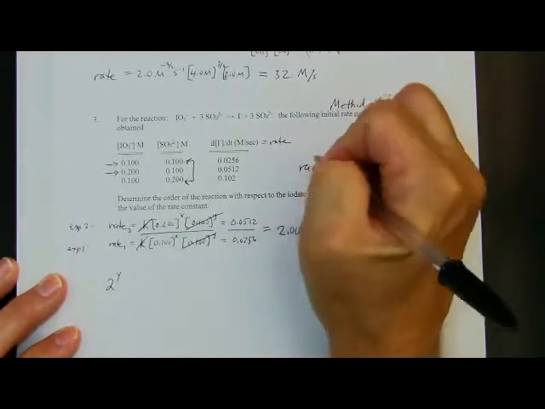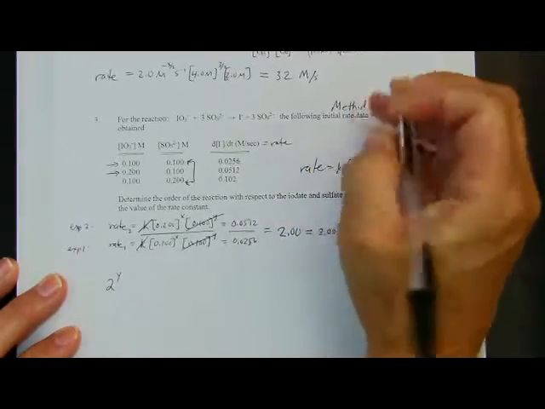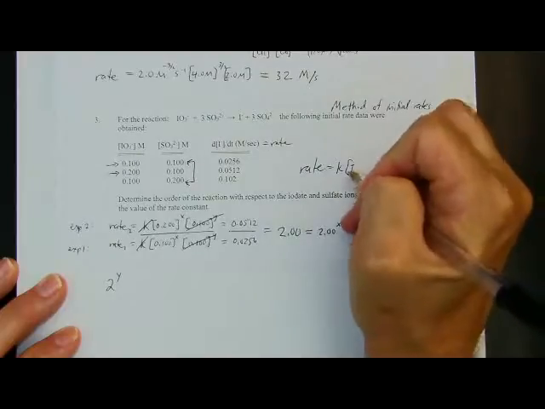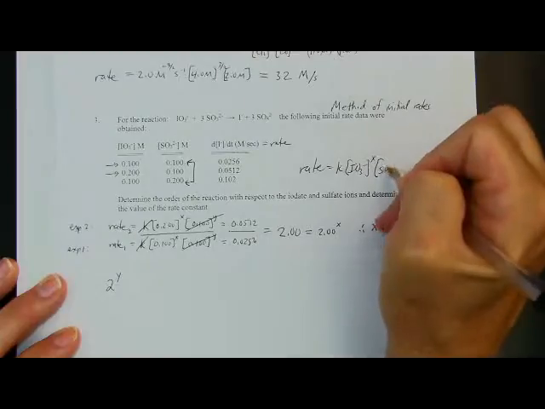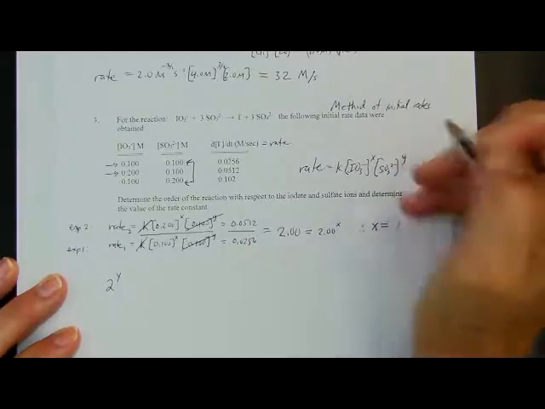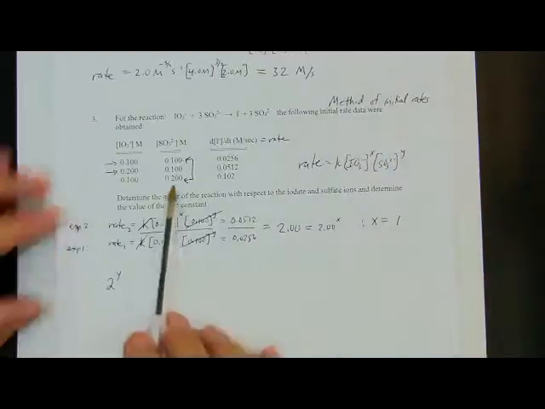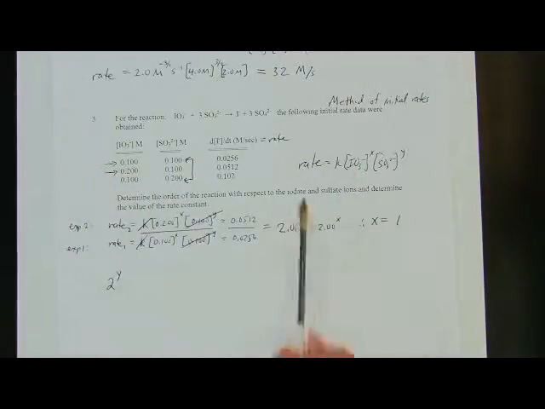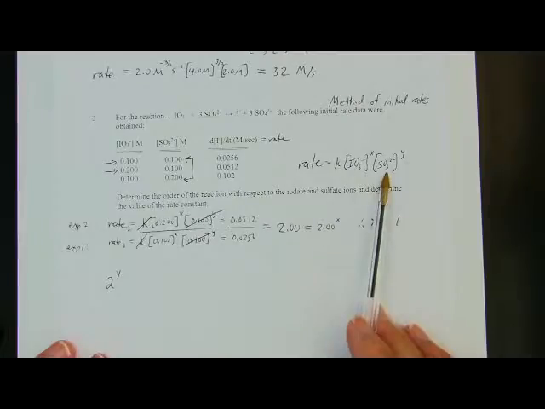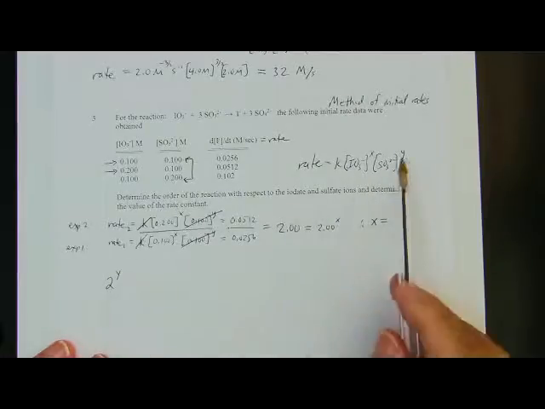I really should have said, this is equal to k times the iodate to the x power, and the sulfite to the y power. So now the iodate's staying the same, so that will have no effect on the rate, and it's only the sulfite that is changing, and that has the exponent of y.